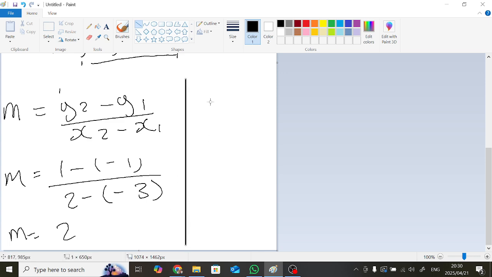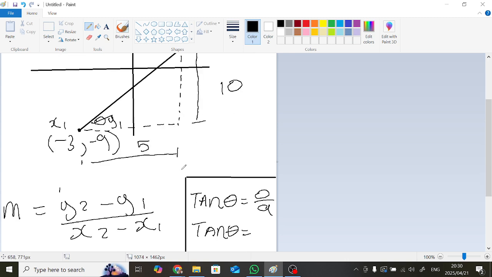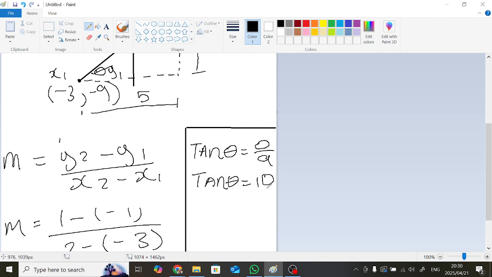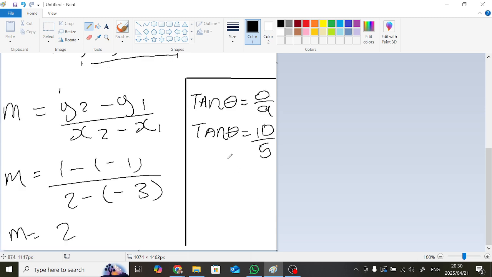Just draw a line over here. So tan theta is equal to opposite over adjacent, meaning that tan theta is equal to 10 over 5, since our opposite is 10 and our adjacent is 5. So if we want to find theta, we need to take the inverse tan.